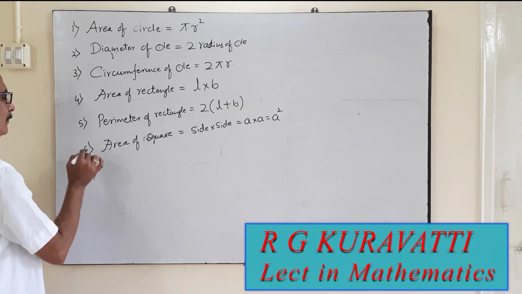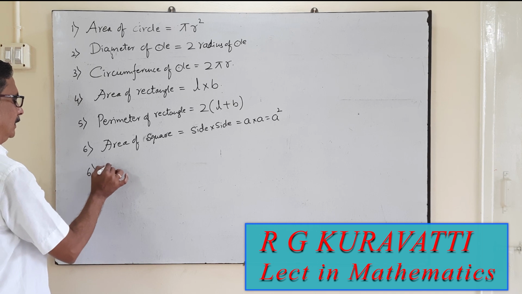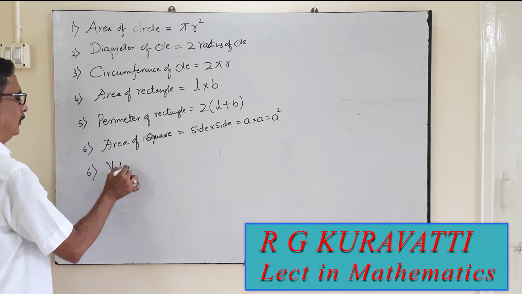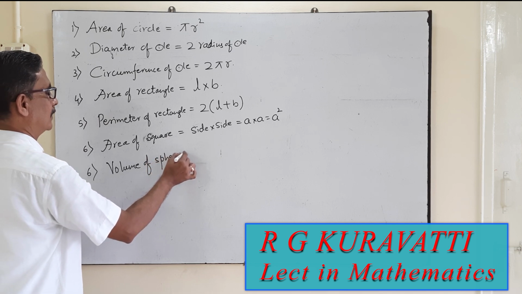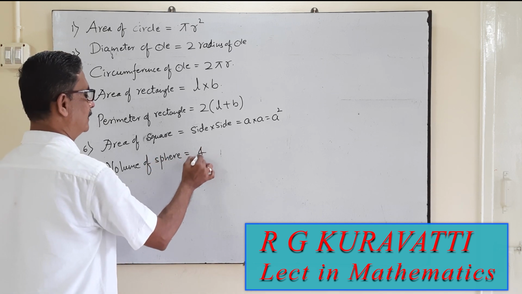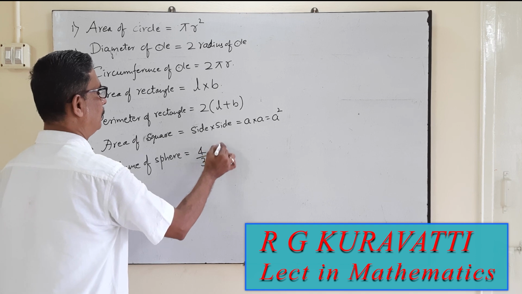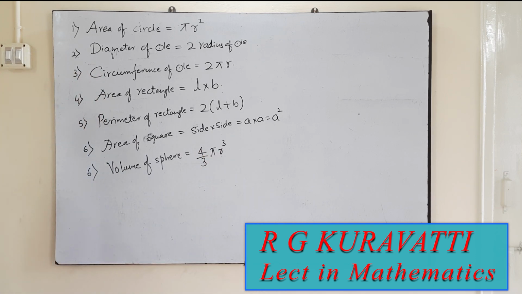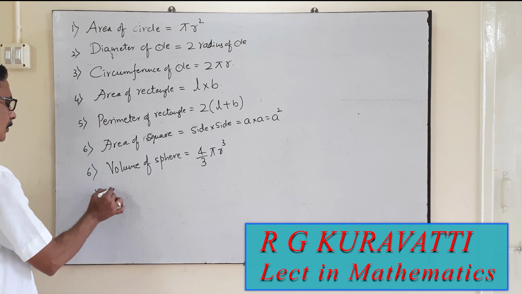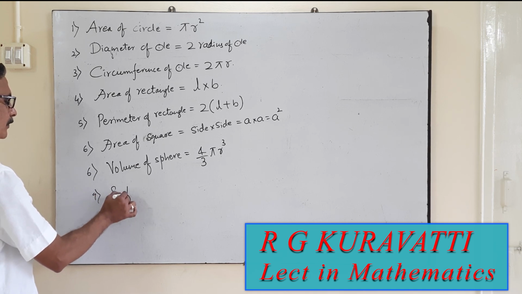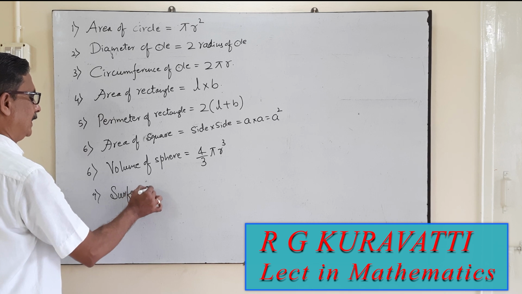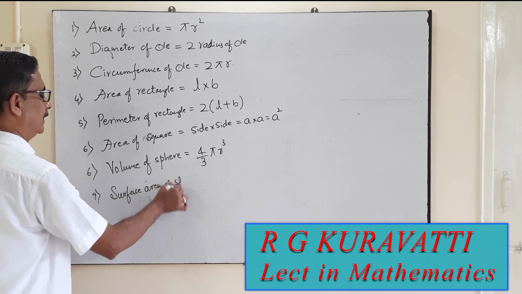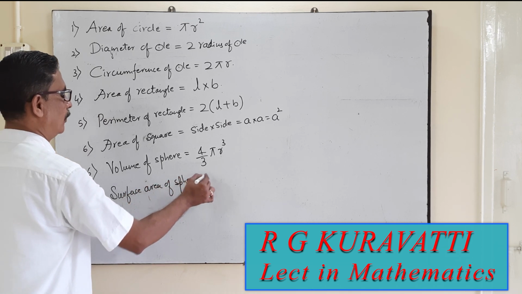Okay. What is the formula for volume of sphere? Golada kshetrafala. Do you remember what is that? 4 by 3 pi r cube. Remember. What is the formula for surface area of sphere? Total surface area of sphere.